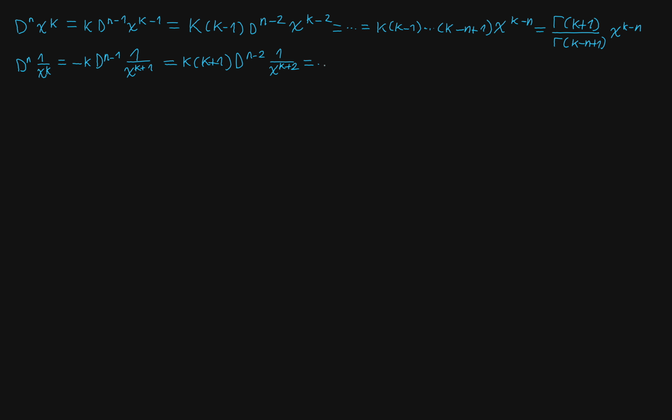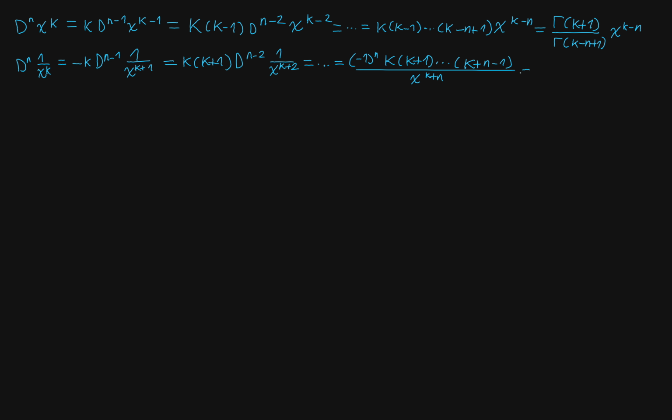And once again, in general, the pattern is alternating: minus 1 to the n times k times k plus 1, all the way up until k plus n minus 1, all over x to the k plus n.